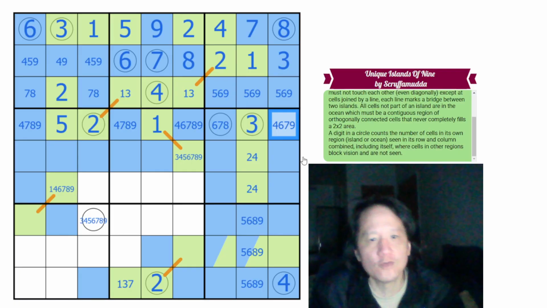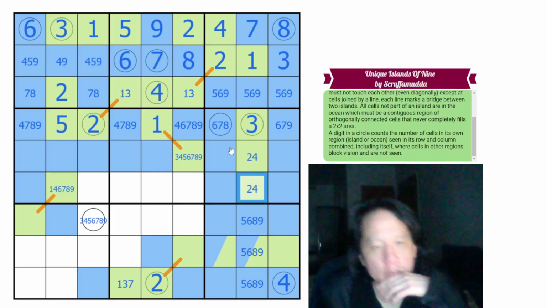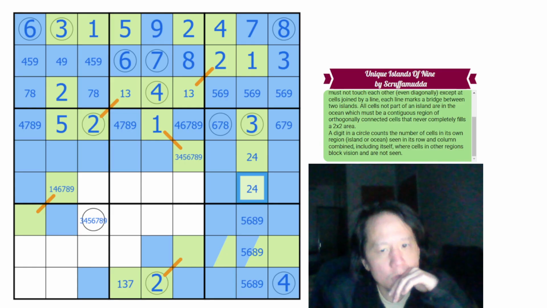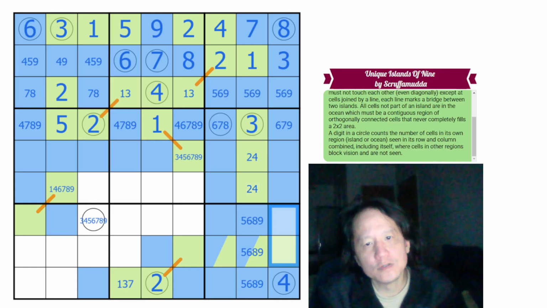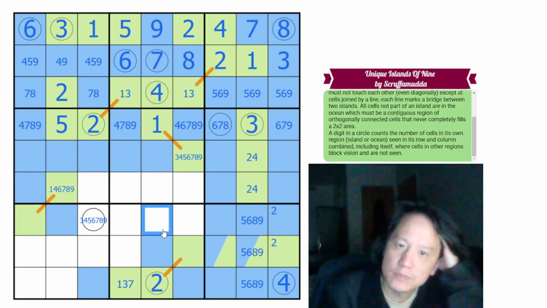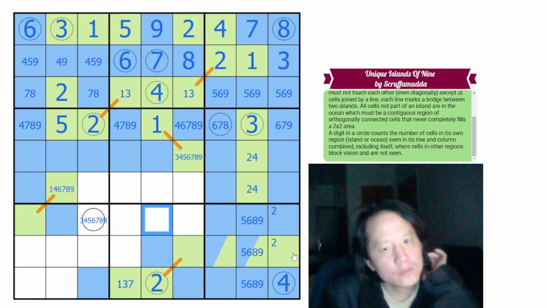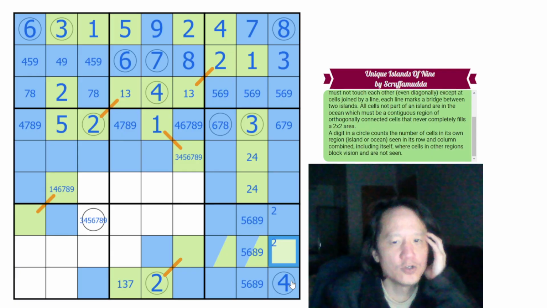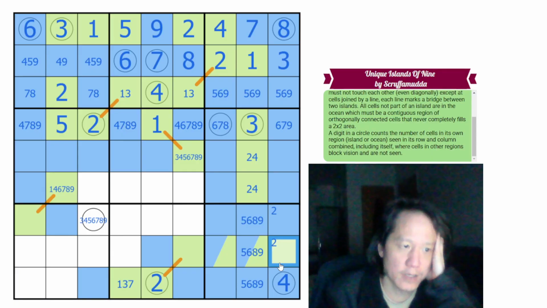This can't be 4 anymore. 2 is one of these two cells. This could be 9 by itself. Well, it could be 2 here and then 2 here and then this is 9.